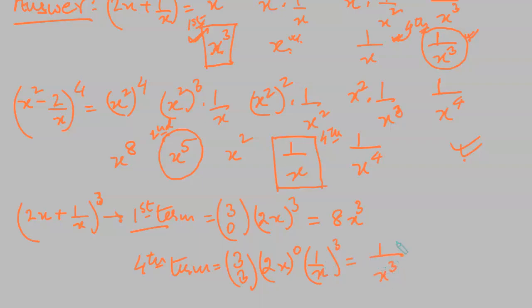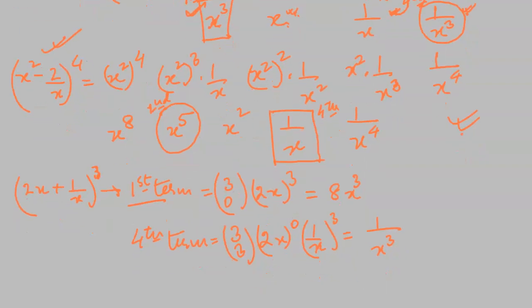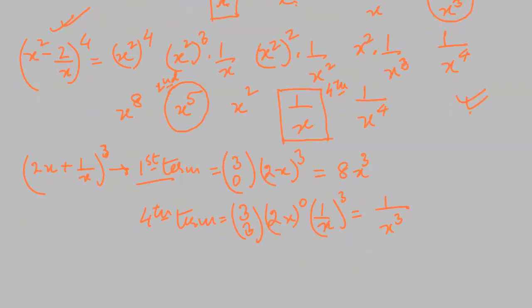Okay. Now coming to this expansion. So this is (x squared minus 2 over x) whole raised to the power of 4. And we need the second and the fourth terms. So second, it will be 4C1. For the second term, r value is equal to 1.